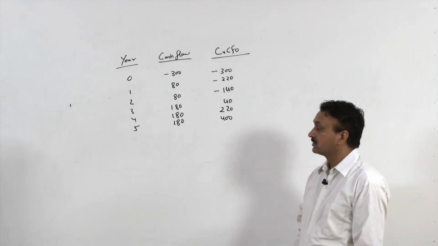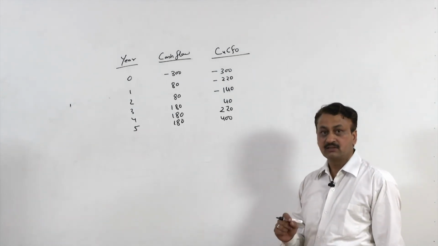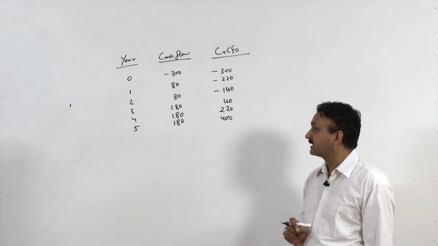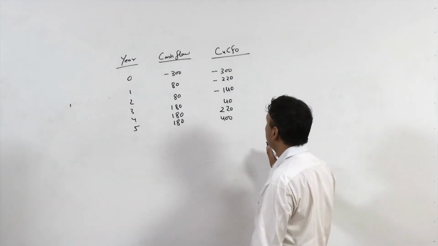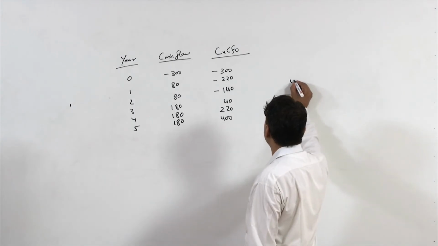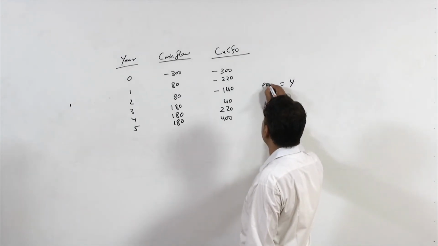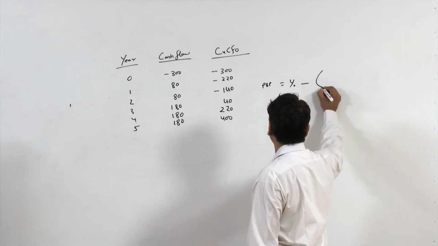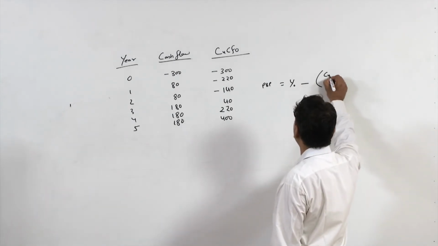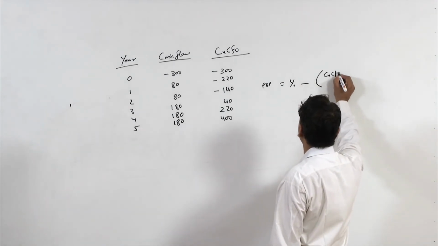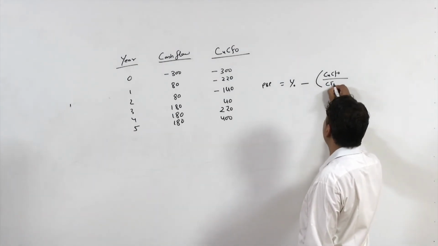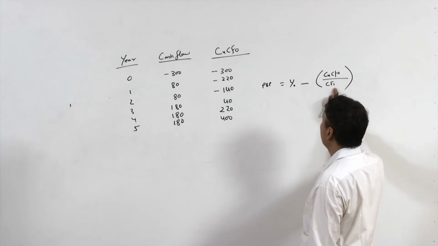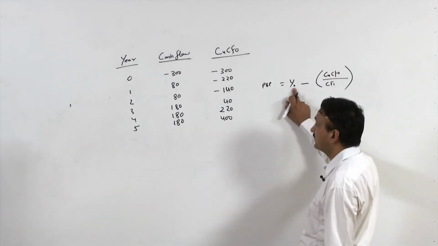Now, let us find out the payback period. How to find out the payback period? We know our formula: payback period is equal to Y0 minus the cumulative cash flow in the year Y0, divided by CF1, the cash flow after that particular year.